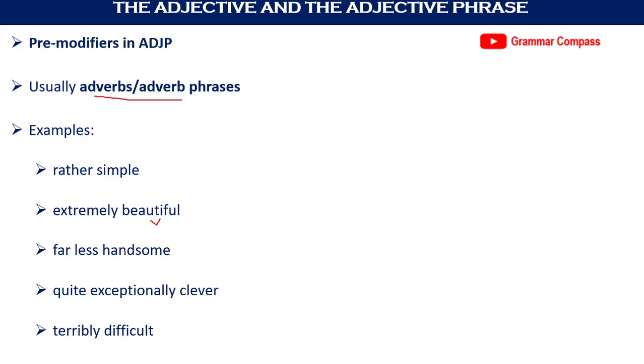Far less handsome. Here we have an adverb phrase, far less, which is modifying the adjective head handsome. Quite exceptionally clever. We have an adverb phrase, quite exceptionally, which is modifying clever, the adjective head. Terribly difficult. This is an adverb phrase modifying the adjective head difficult. So in the pre-modifier slot in the adjective phrase, it is usually an adverb or an adverb phrase that modifies the adjective head.